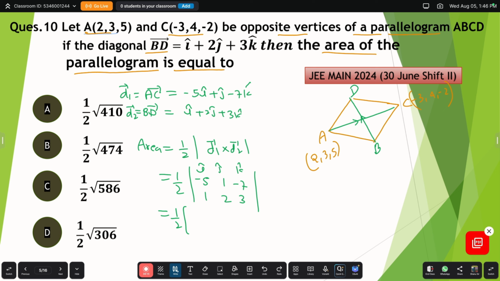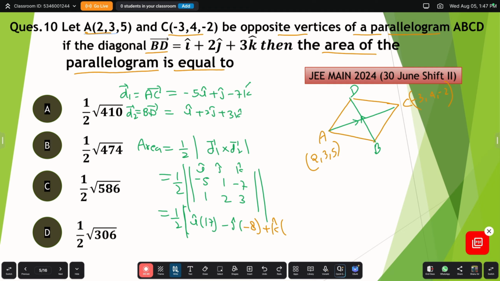This is mod D1 cross D2. Mod: i cap and how much? 3 and minus 3 into 1, 3 and 2 into 7, 14 and 3, how much? 17. So 17i minus j cap, then 3 into minus 5, minus 15 and plus 7, how much? Minus 8.